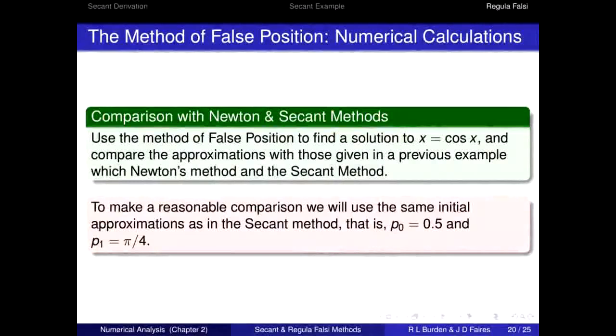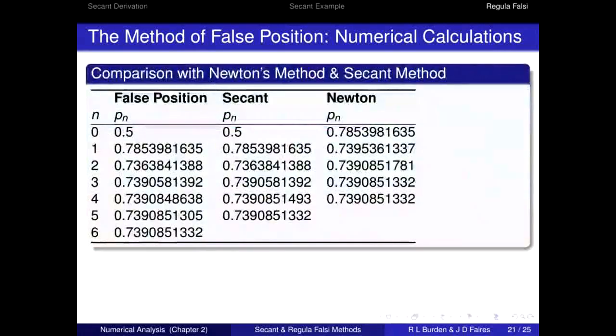The example is the previous one we have done before, x equals cos of x, so the equation is x minus cos of x. Using Newton's method with tolerance up to 4 decimal places, the root starts to appear from the third iteration.